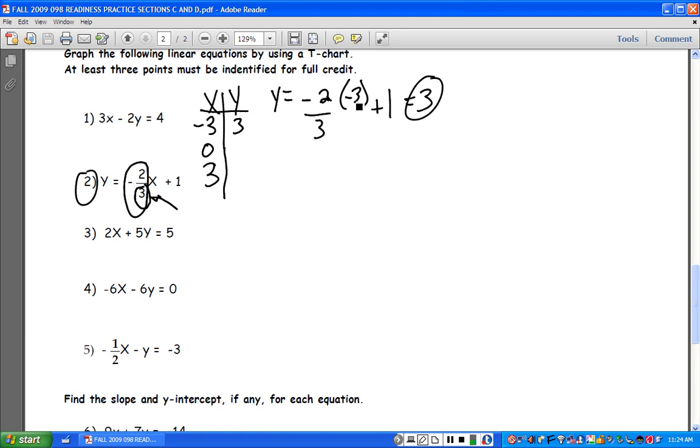Then when I go with a 0, now I'm going to plug in a 0 because that's my second value of x. 0 times anything is 0, so all that cancels. And you're just left with y equals this 1 over here. So you have that.